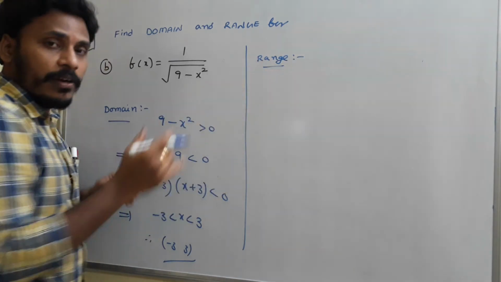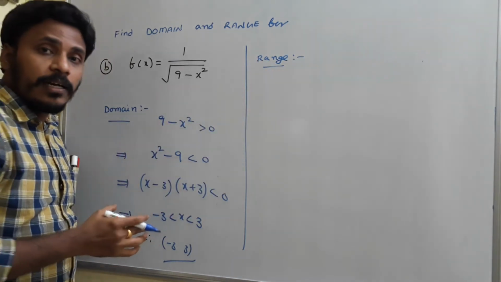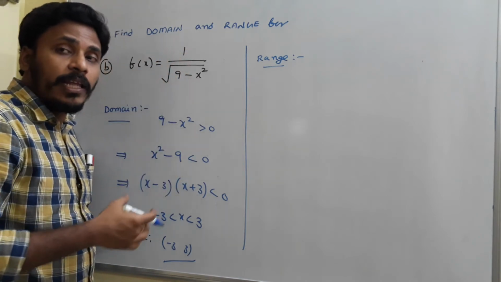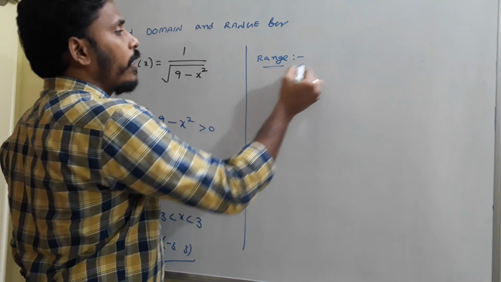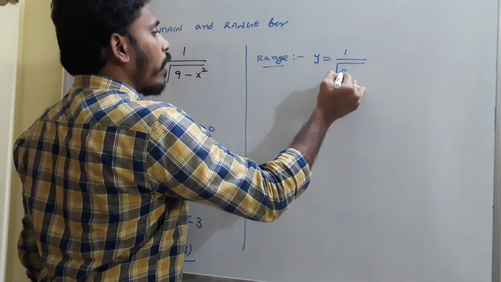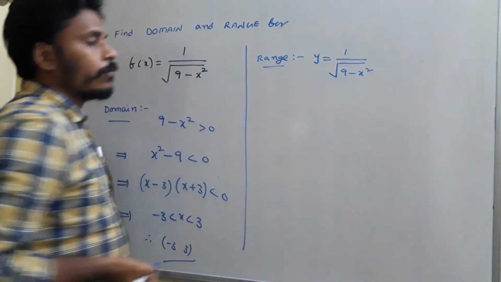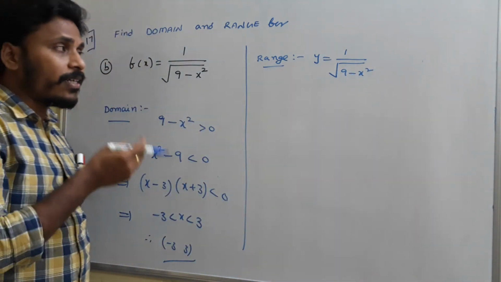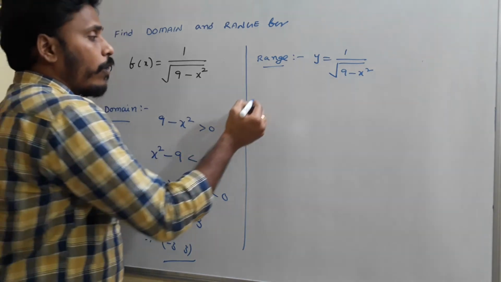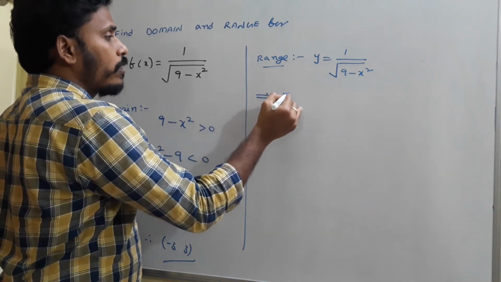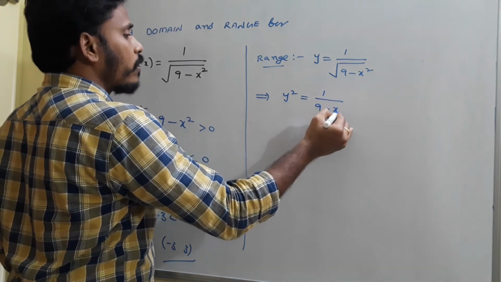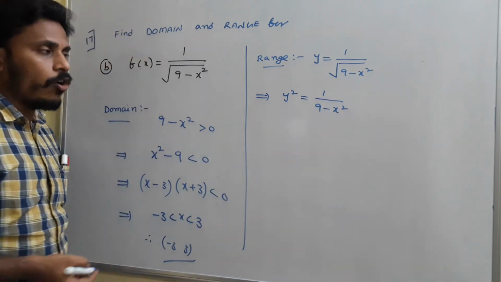Now to find the range, we need to consider that particular expression as y, because range is simply finding the results. That's why you just take y is equal to 1 by root of 9 minus x square. And now we need to get certain restrictions on y. We need to find out the possible values for y. So what I do is y square is equal to 1 by 9 minus x square, just squaring on both sides.